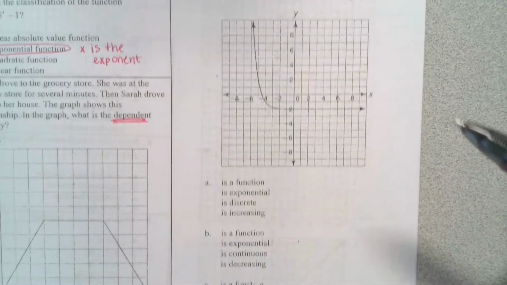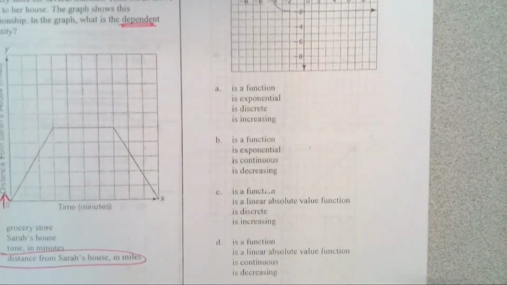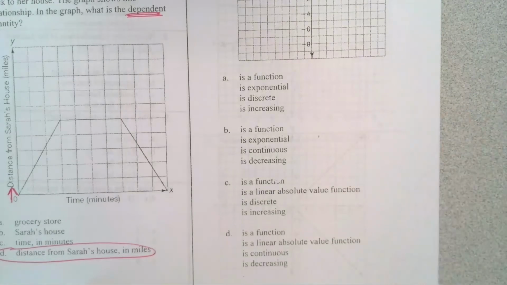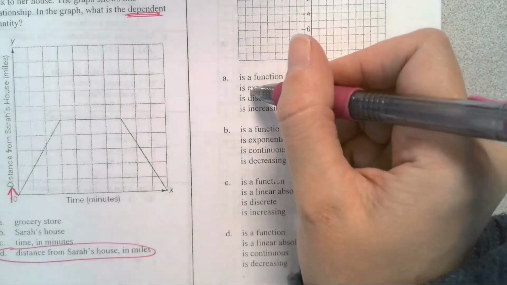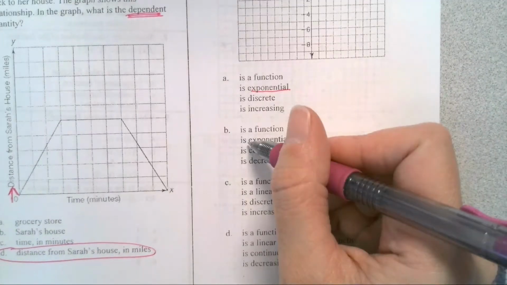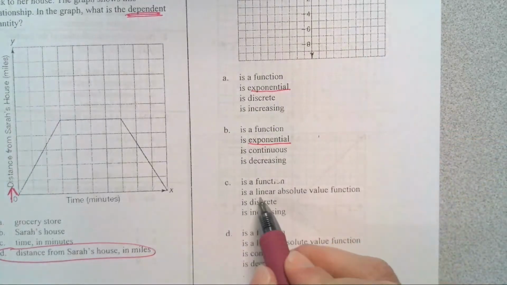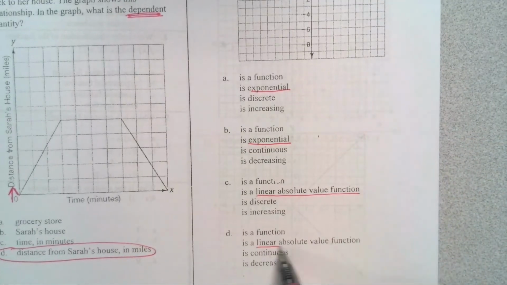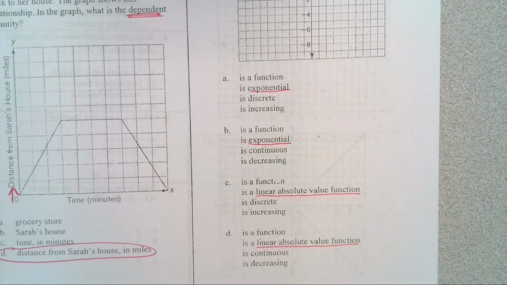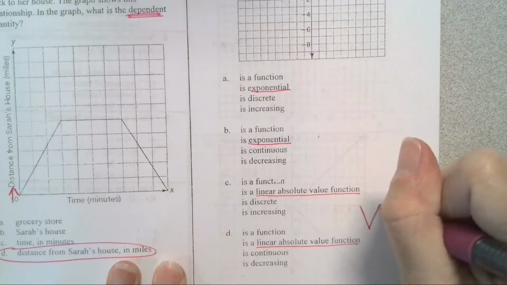I looked at my answer choices, and I noticed that I've got exponential and exponential, or I have linear absolute value, linear absolute value. What do you know about an absolute value graph? It's shaped like a V. It literally looks like that.